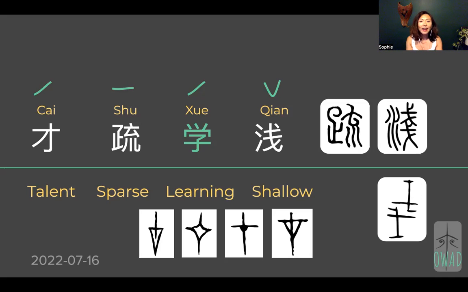才 is talent. I found four versions of 才 rendered in this graphical language, and when I look at this, I'm in shock. This almost looks like a crucifixion image in the West. How could that even be in the Chinese language, in a very far away culture? And in ancient times, we definitely didn't have much influence of Christianity.